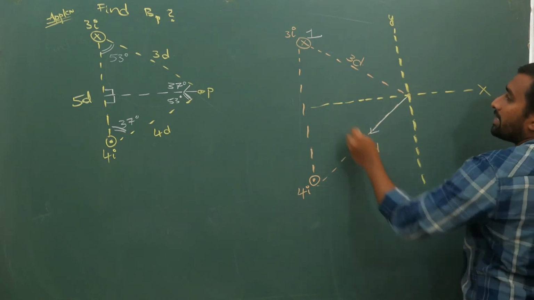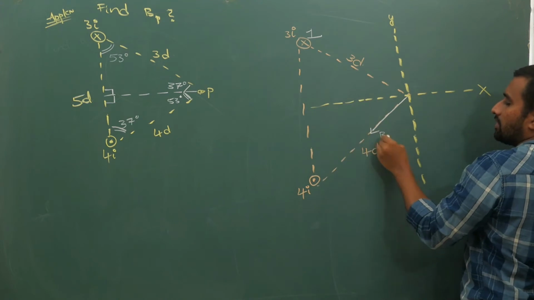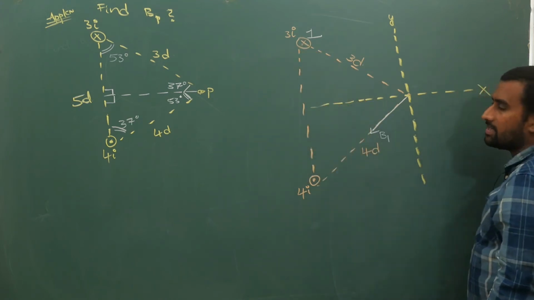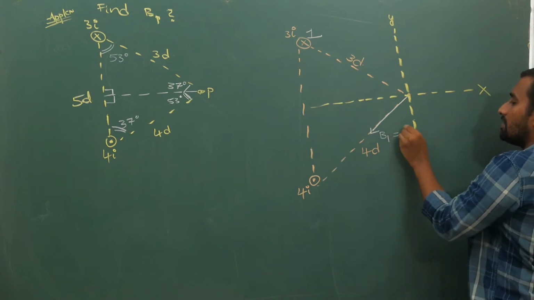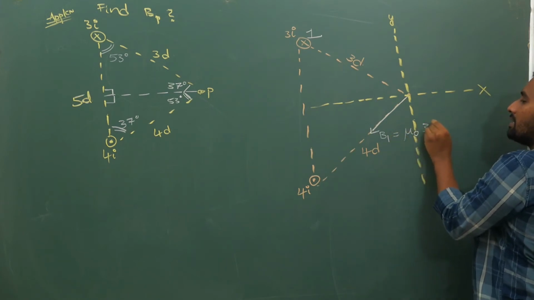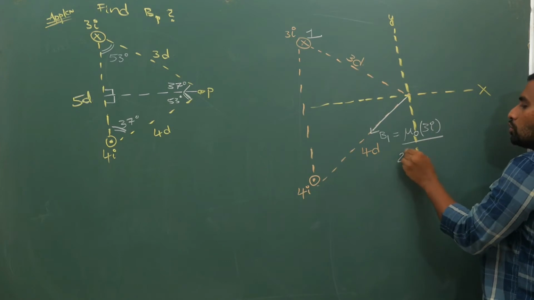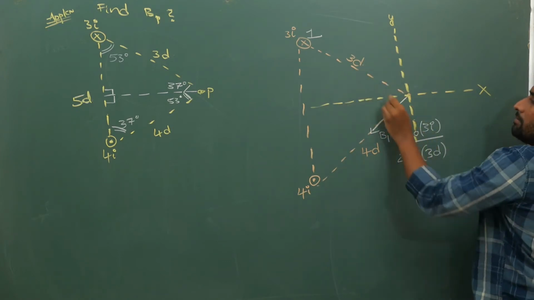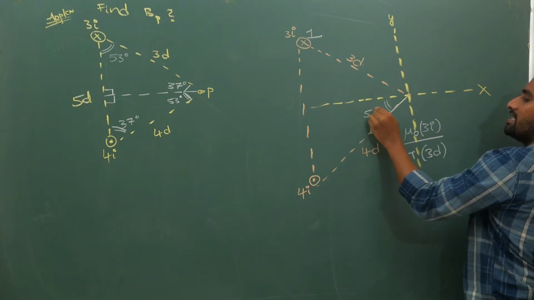So the magnetic field because of this wire, which is a long wire, is mu naught times your current 3I by 2 pi into distance 3D, making an angle of 53 degrees.